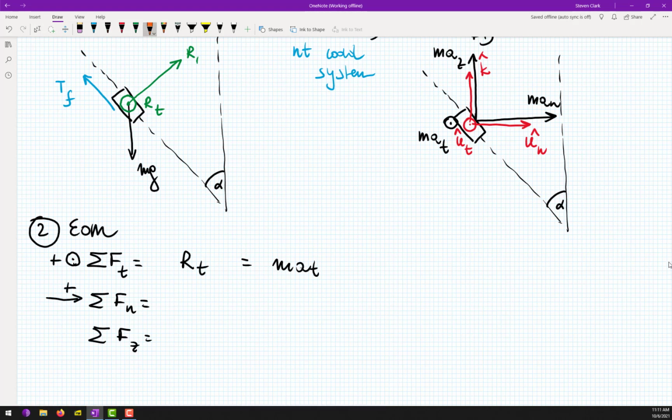So let's do orange vectors here. If alpha is here, I believe that alpha will also be here. So this component will be R1 sine or cosine alpha? This will be cosine, yes.